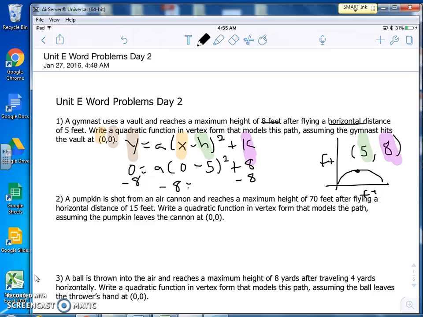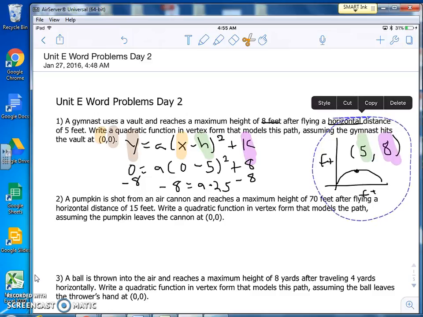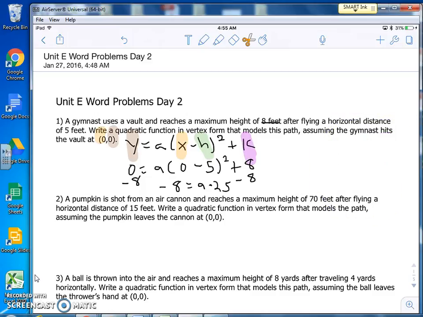Negative 8 equals a times 25. And let me go ahead and erase my picture. So we divide both sides by 25 and we get negative 8 over 25 equals a.